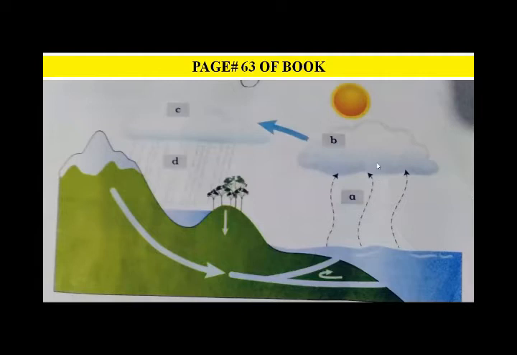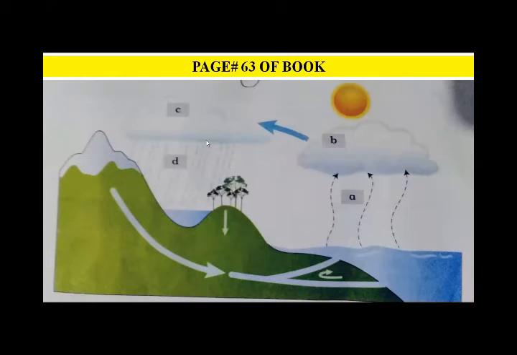These tiny droplets gather to form clouds. Is it clear? As more water vapor condenses, the tiny water droplets form bigger droplets and fall to the earth's surface as rain.